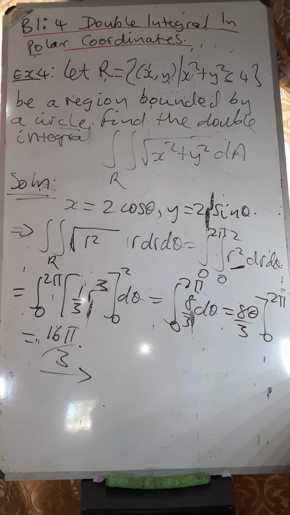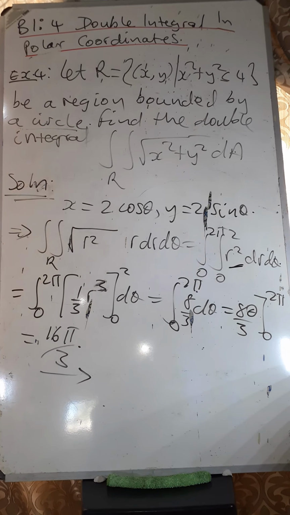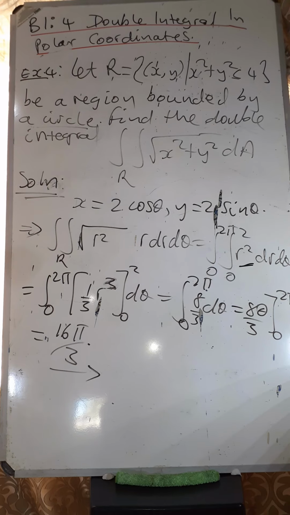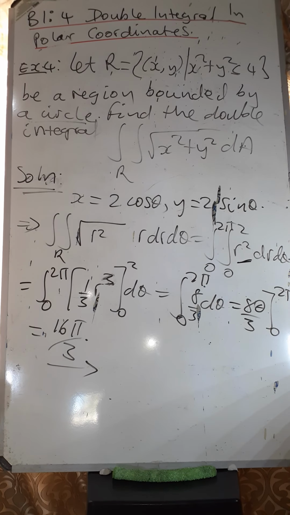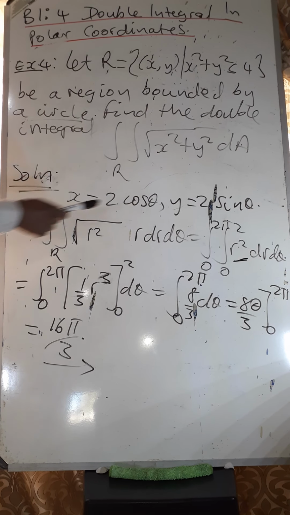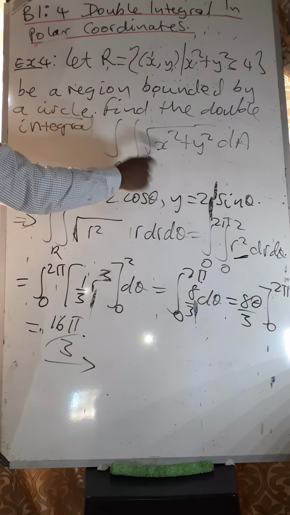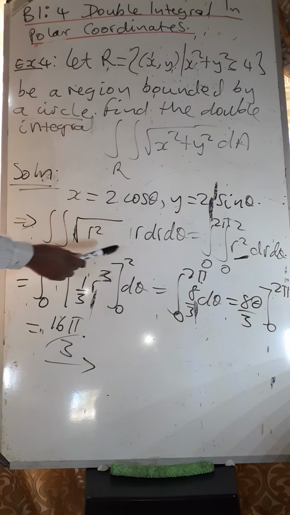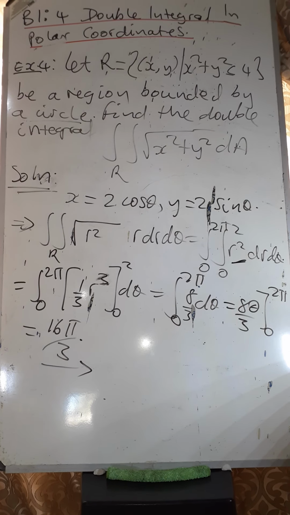But if we had attempted to solve this one, we were not going to easily solve it manually, except maybe through a computer. So that's why we need to move from Cartesian to polar. Once you transfer everything to polar, you'll find now it becomes a piece of cake, it becomes easier to handle.